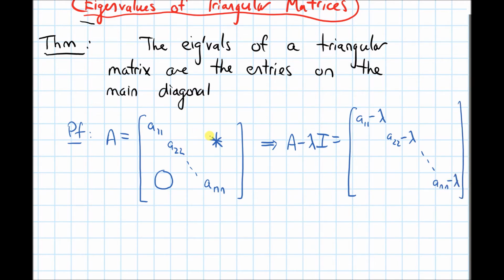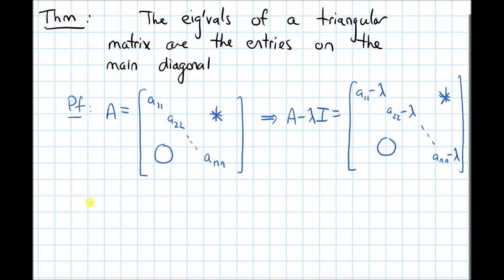The things above the diagonal stay the same, so I'll just write star. Star just represents that there's something arbitrary. And the things below the diagonal stay the same, so they're all still zero.